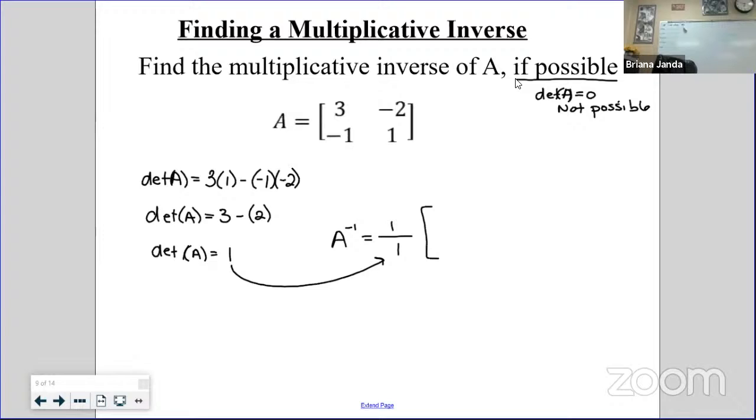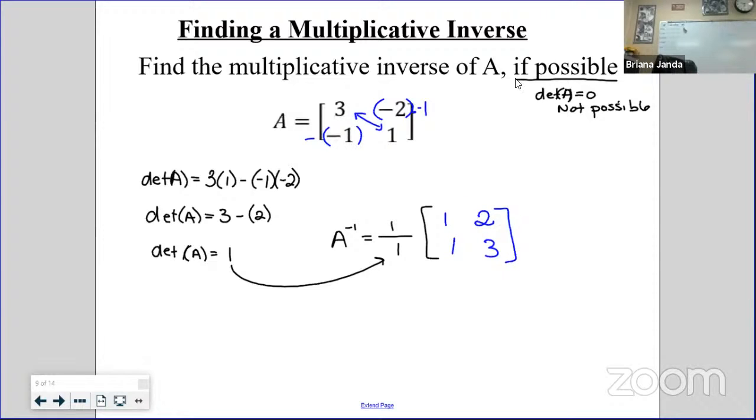One of the things I will do is exchange A and D. Just flip them. The other thing I will do is multiply B and C by a -1. But they stay in the same spot.